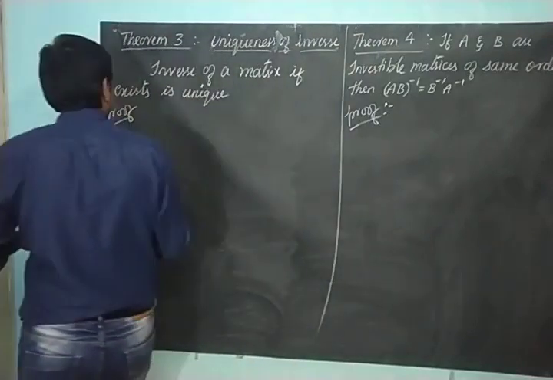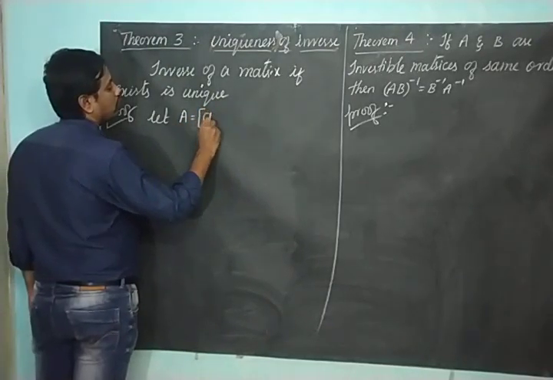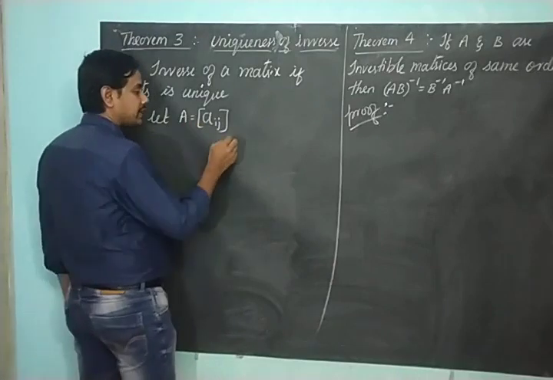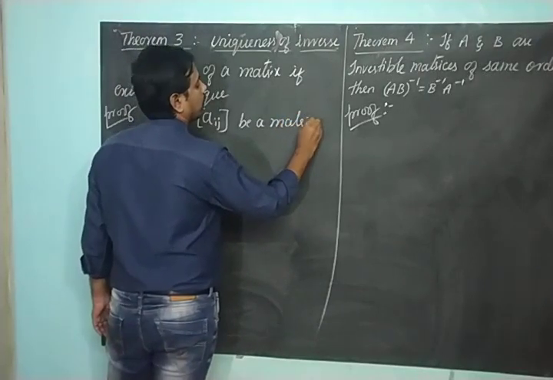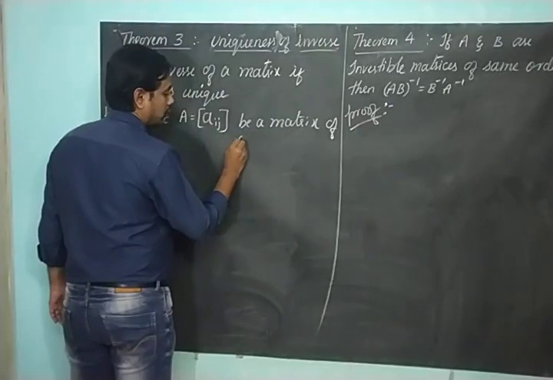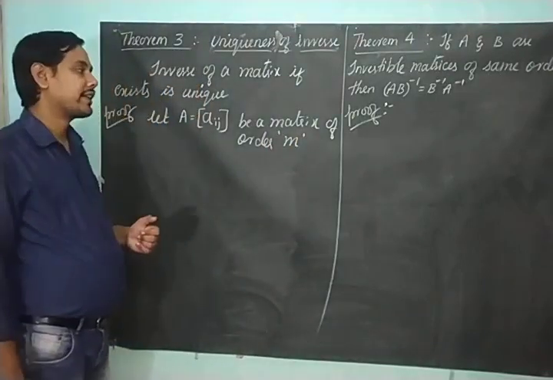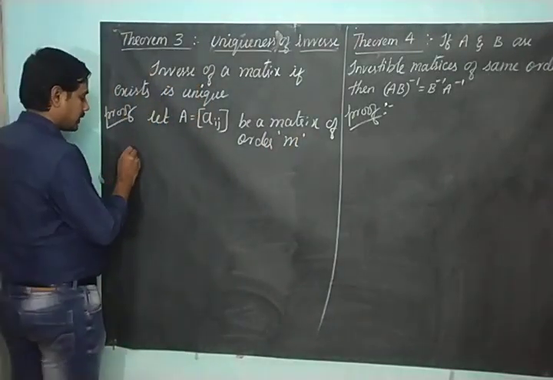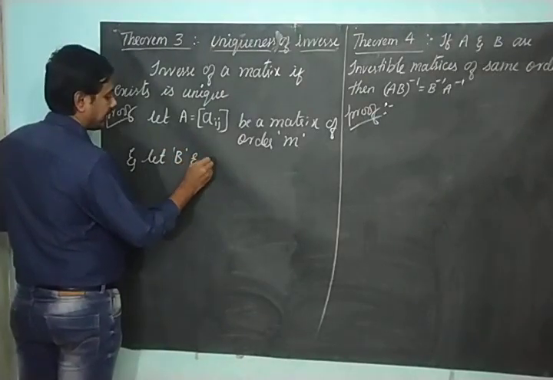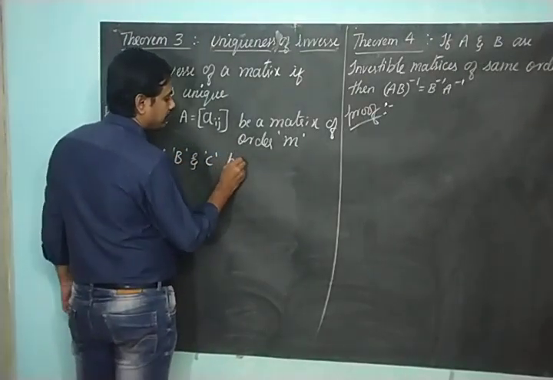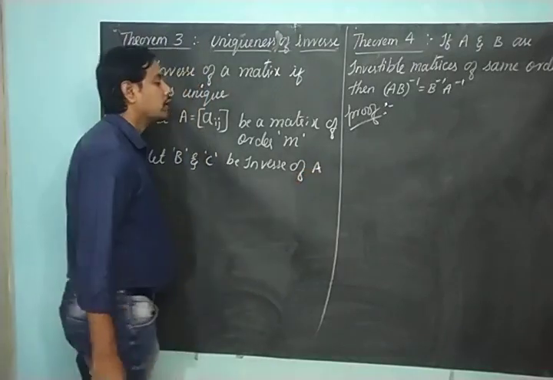For example, let A equal to Aij be a matrix of order M. Let this A be a matrix of order M, and let B and C be the inverses of A. So what have we considered?